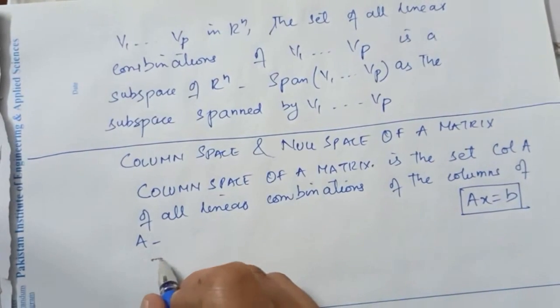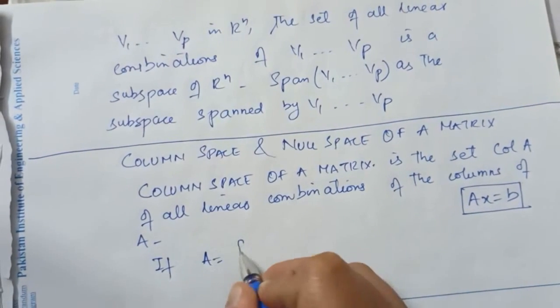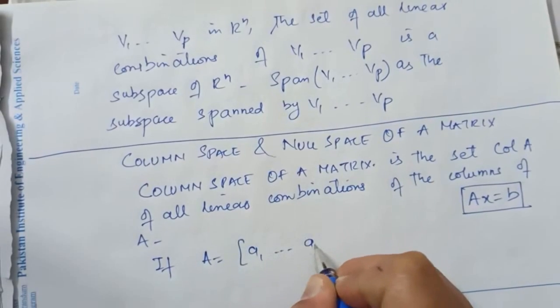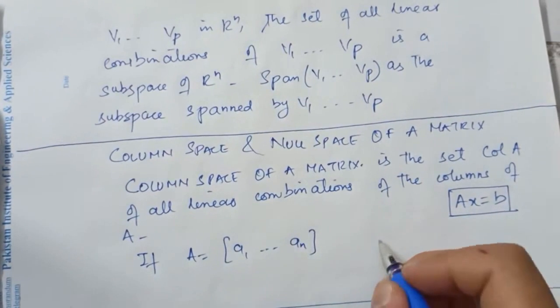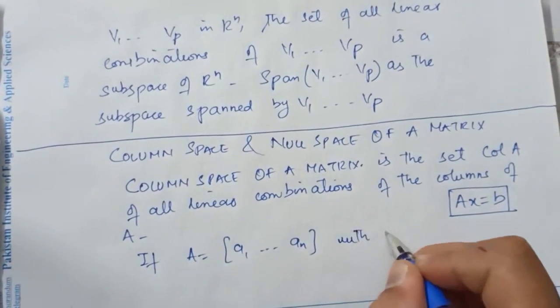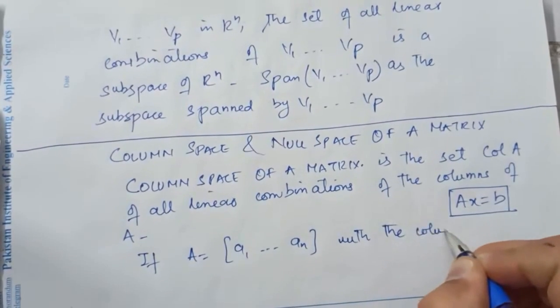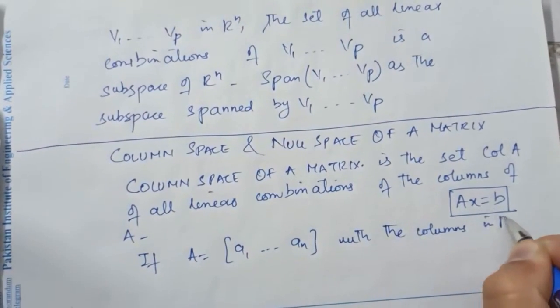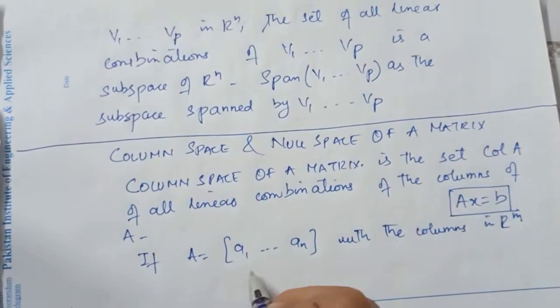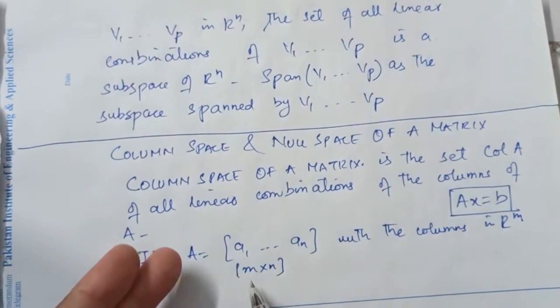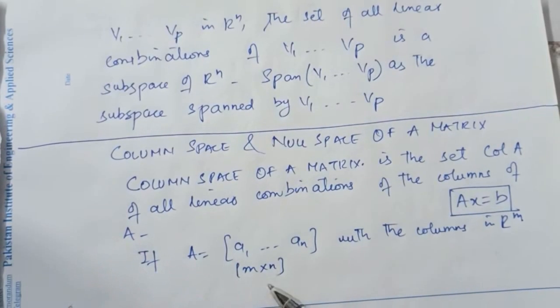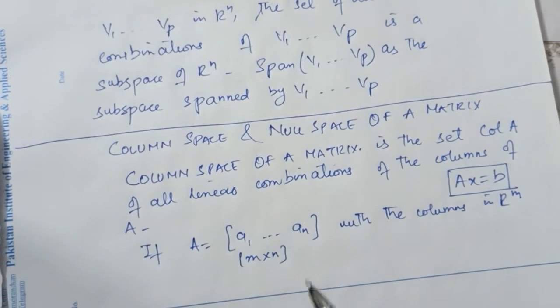Okay, so if A is equal to [a1 ... an], with the columns in R^m, indicating that A is an m cross n matrix, so each column vector has m entries.